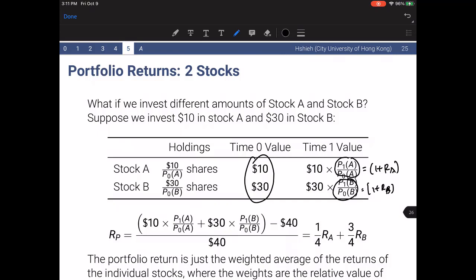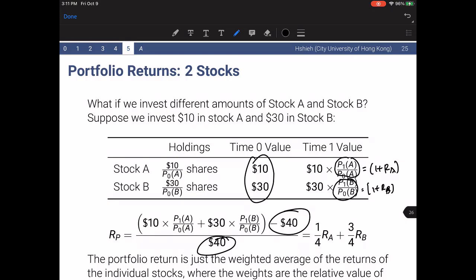And we multiply that return for the amount of money we've allocated for each of these assets. Okay, similarly, in order to calculate the return, we add up our portfolio weighted assets. If we decide to liquidate it in period 1, that's $10 times the ratio of the prices plus $30 times the ratio of the prices for stock B, minus our initial investment, which is $40, and then dividing it by the initial investment amount, rearranging the terms again.